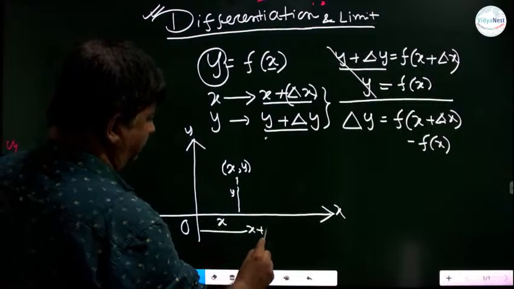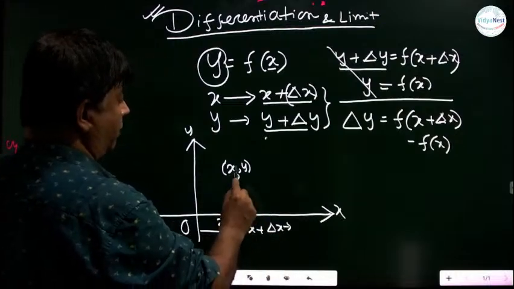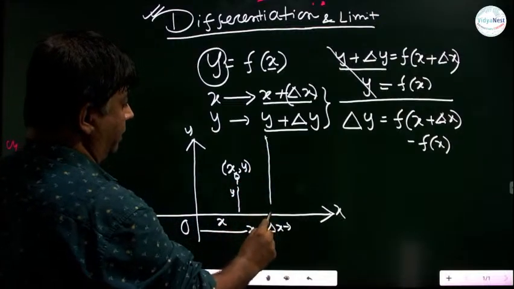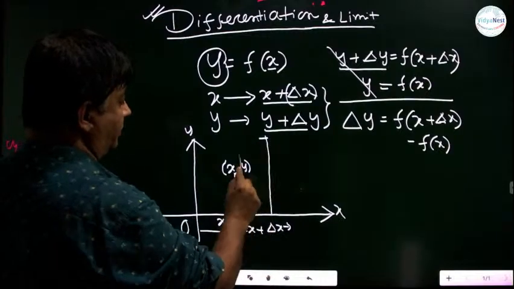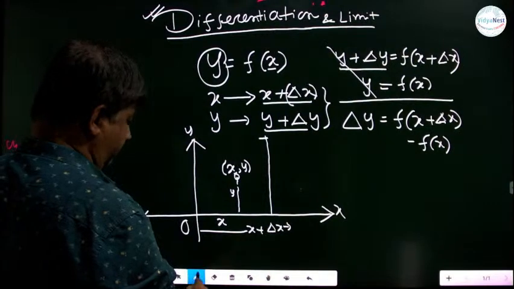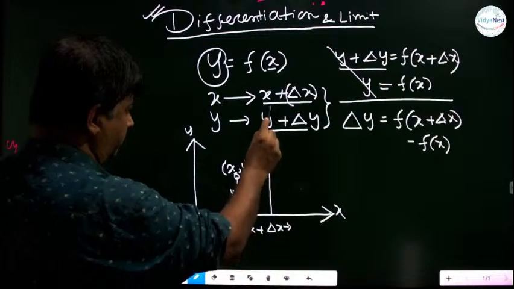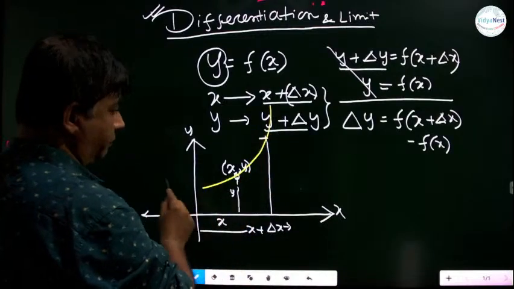It has become X plus delta X. Automatically, expenditure also increased. And there is the curve. Okay.